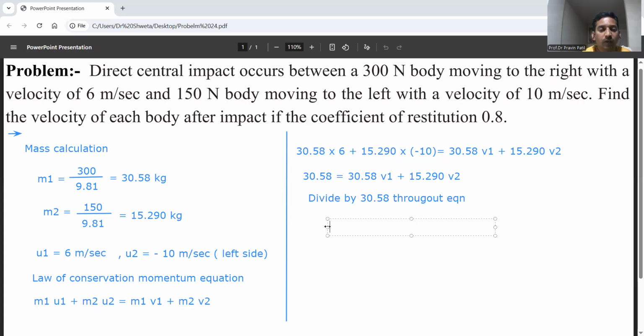So 30.58 divided by 30.58 is 1, equal to V1 plus 15.290 divided by 30.58, which is 0.5 V2. Write down this one as equation number 1. Otherwise we can write V1 is equal to 1 minus 0.5 V2. This is equation number 1.